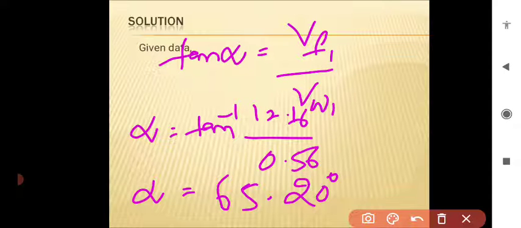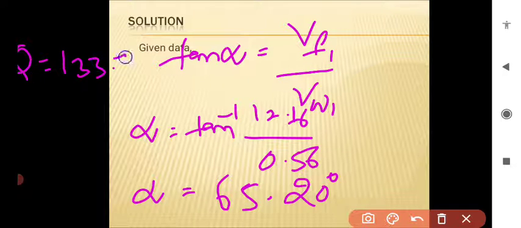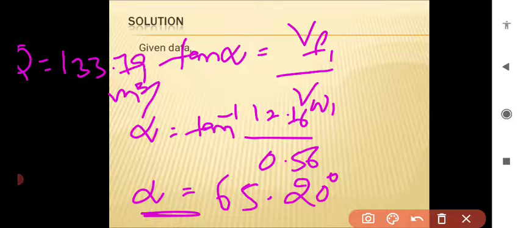This is the angle. So here we calculated the discharge and blade angle at inlet. So the discharge Q is equal to 133.79 meter cube per second and alpha is 65.20 degrees.